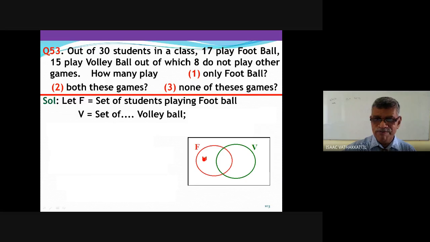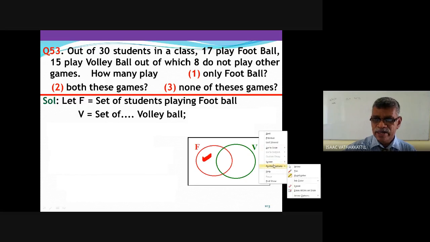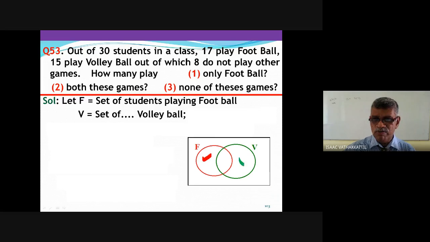This portion is only football, this portion is only volleyball, and the common portion is both football and volleyball. Total students are given to be 30. The 30 will come in the universal set.